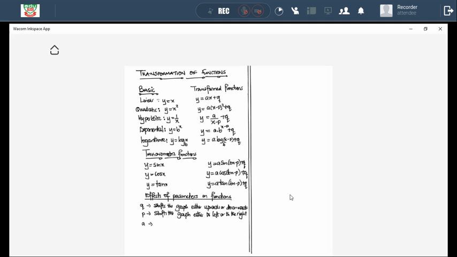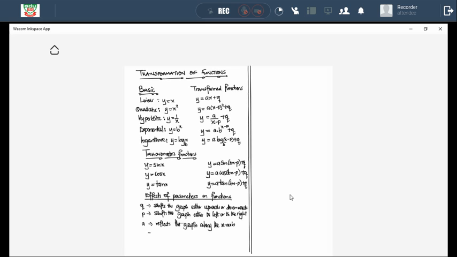A affects the graph in two ways. The first one, if A is negative, it reflects the graph along the x-axis.